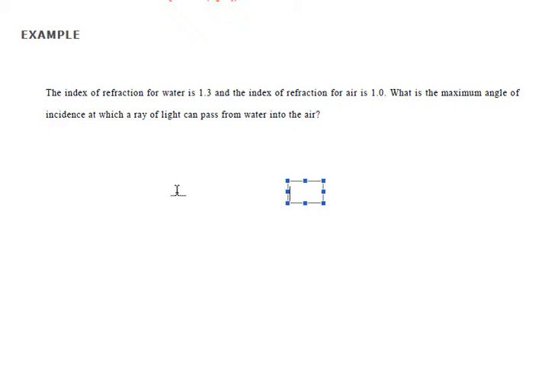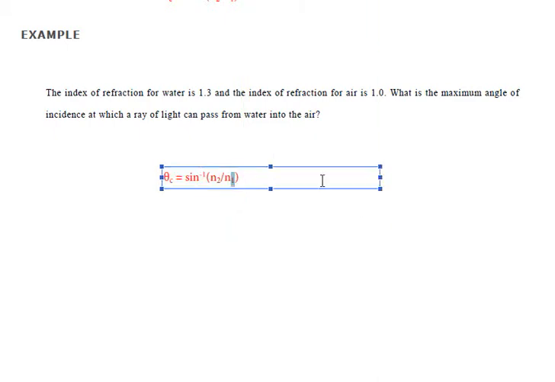This question is asking us to find the critical angle for the transfer from water to air. So let's plug in what we know.